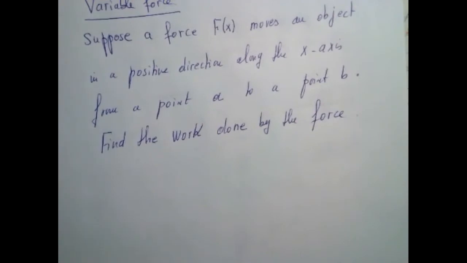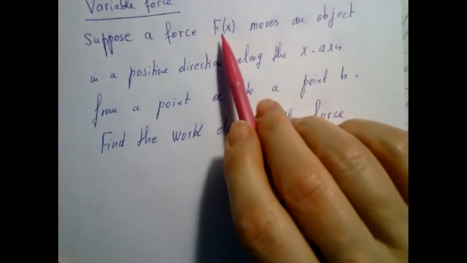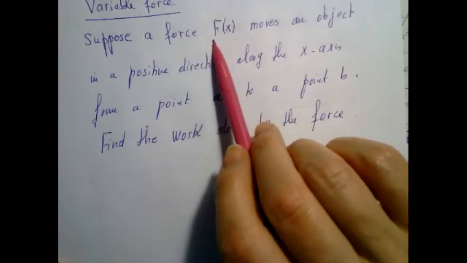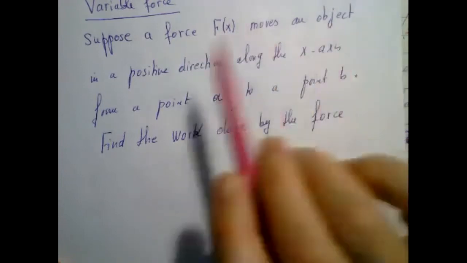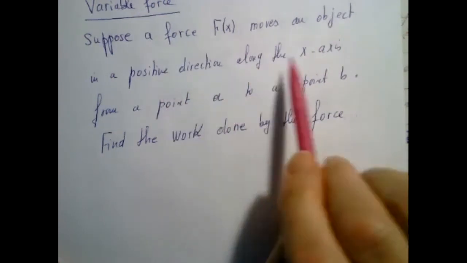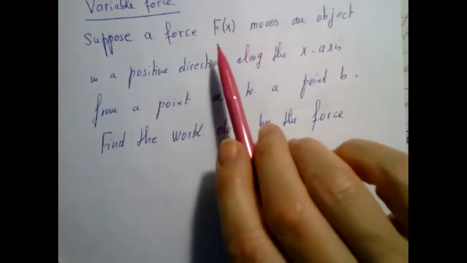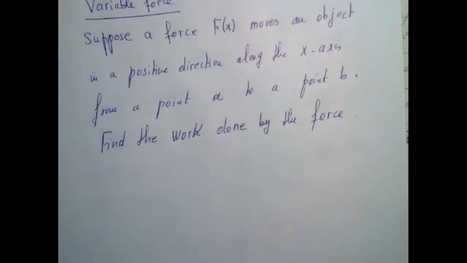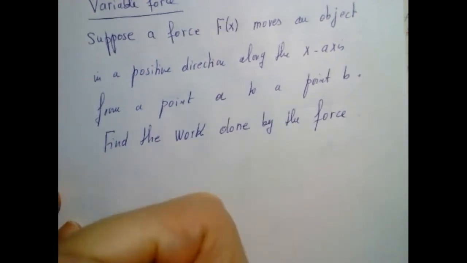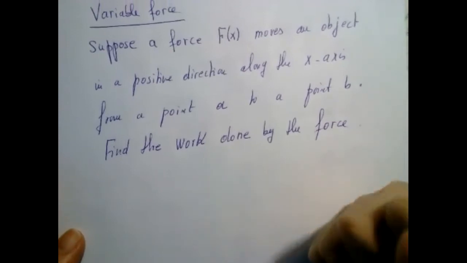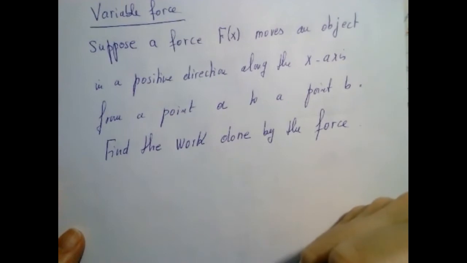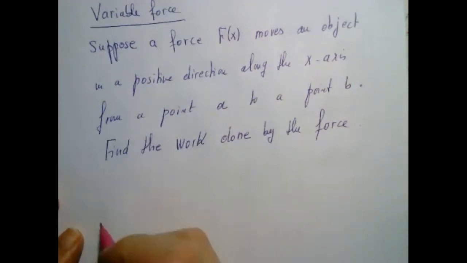Suppose a force f of x, I put f of x because I want to say that it changes with x, moves an object in a positive direction along the x-axis from a point A to a point B. The question is, find the work done by the force. The force is moving the object, but the force changes with the position of the object. And the question is, what's the work? That's really my picture here.